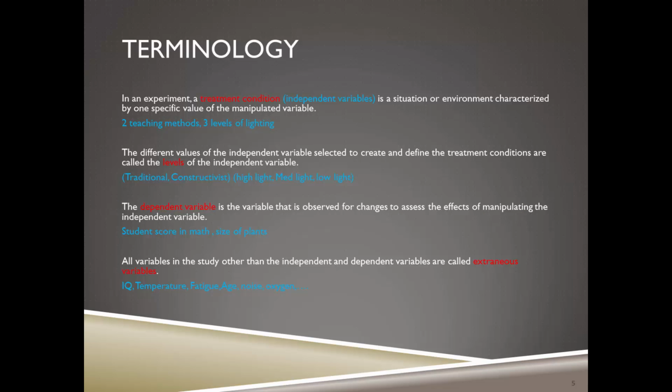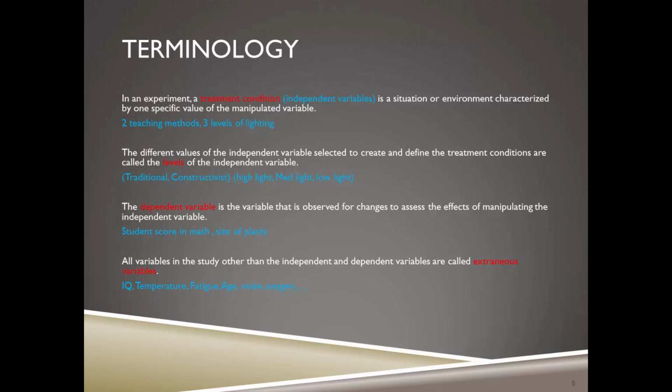So in each experimental research, most of the time we're dealing with two types of variable: the independent variable and the dependent variable. The independent variable is the one that we manipulate, like the level of lighting is an independent variable.